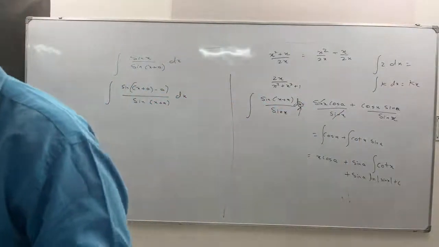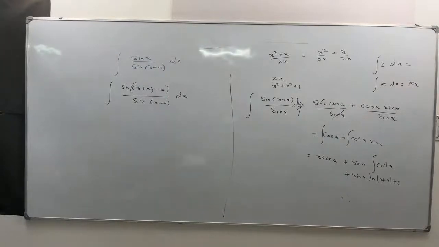Again, remember, a is a constant. Whatever is there with d, dx, dt, dp, that will be the variable.